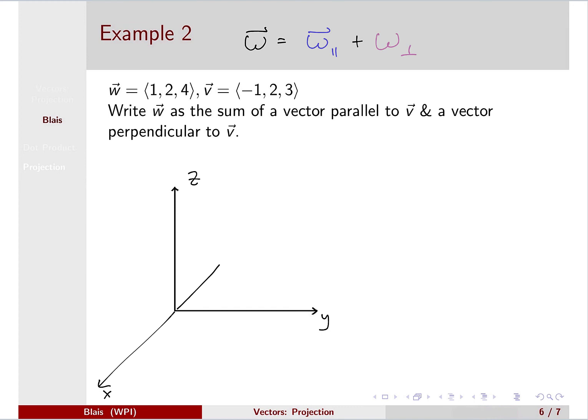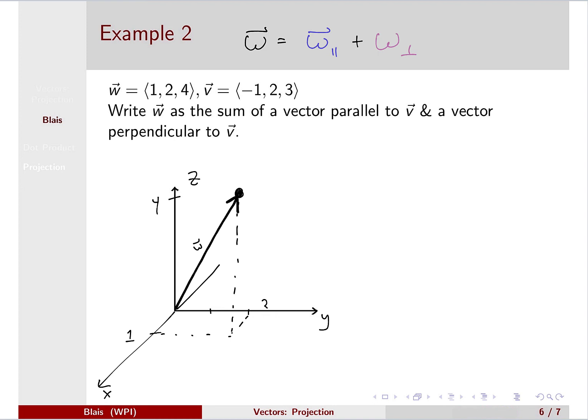To draw these, we see w will be the position vector of the point 1, 2, 4. So w can be thought of pointing from the origin to this point 1, 2, 4.